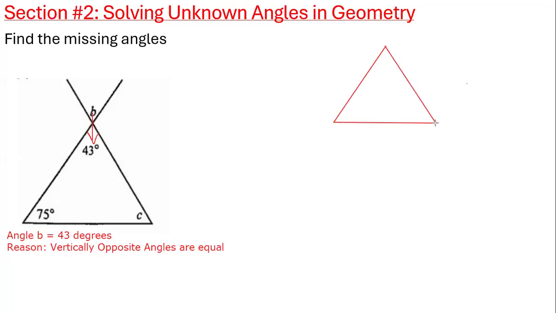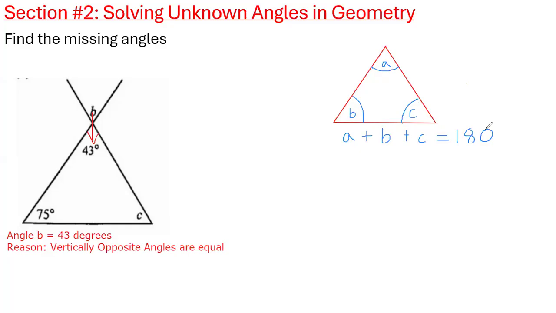All right, so we know that if we have A, B, and C, A plus B plus C must add up to 180 degrees.